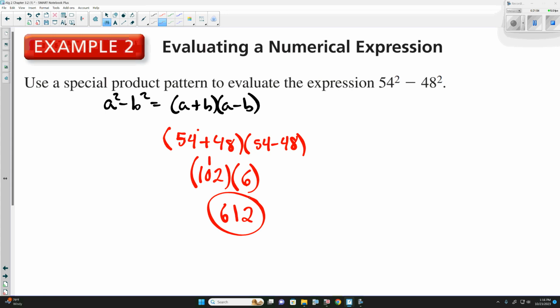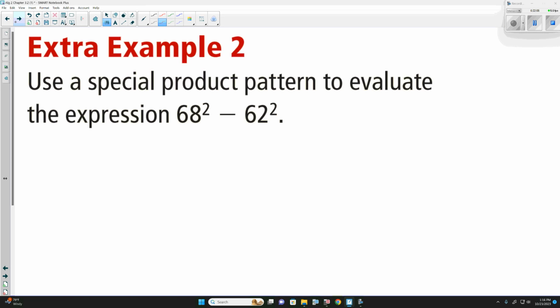Questions on this one here? Are you ready for the next one? Yes? So how would we do this one here?